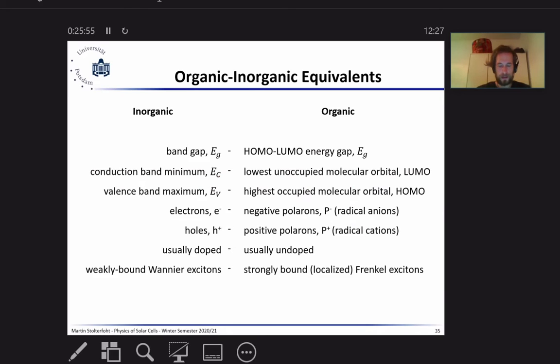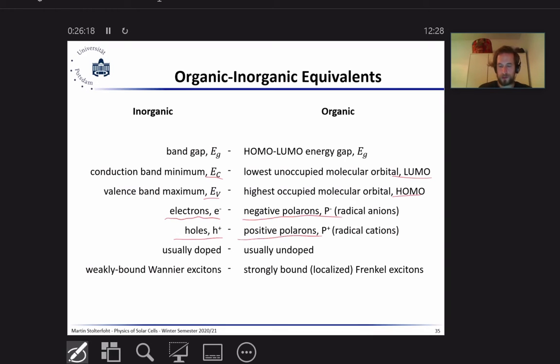Here is a slide that discusses the different terminology in organic and inorganic semiconductors. For example, inorganic conduction band, LUMO, valence band, and HOMO. Free electrons need to be considered as negative polarons.